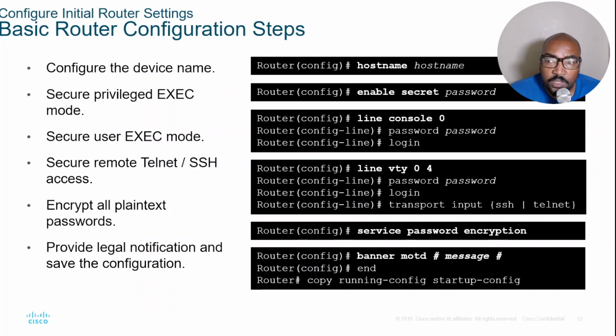And on top of that, we need a little bit of cybersecurity, right? You need to be able to secure all the information so that nobody can see anything. And we need to provide legal notification. So that's the banner of the day, that message. Like, hey, don't come in here, otherwise I am going to take all your data or something like that, right? Some type of message.